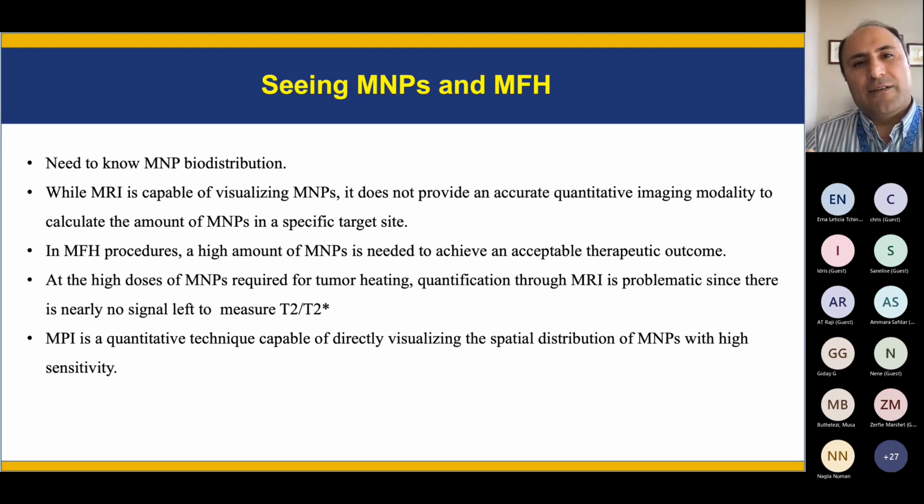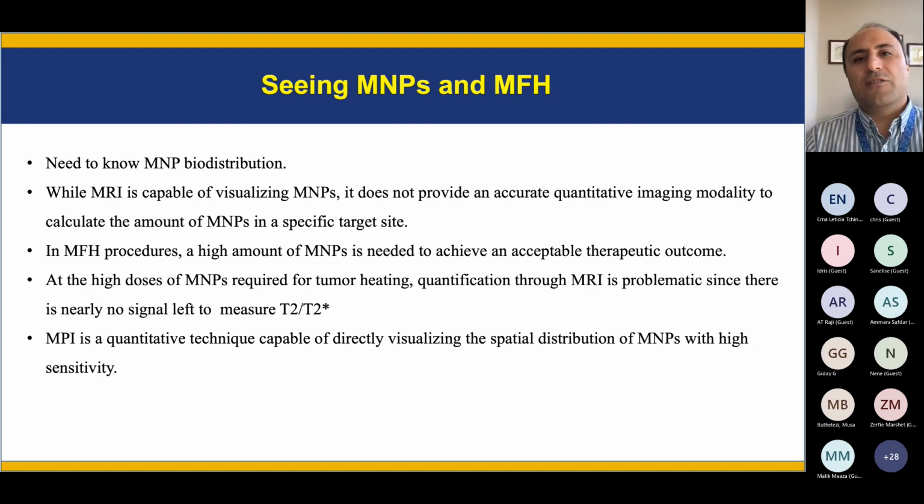So we need to think about other methods, and MPI is very useful here because we can do quantification with MPI even at much higher concentration, and there is no saturation with this technique. And as you know, for hyperthermia, we need high concentrations of nanoparticles.